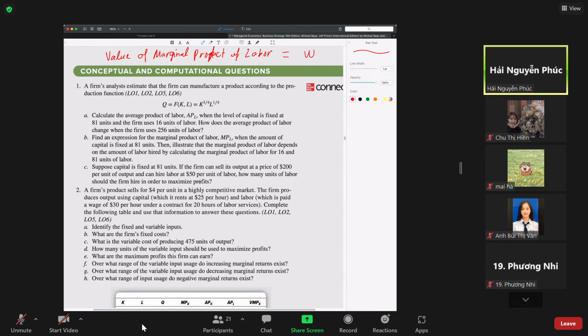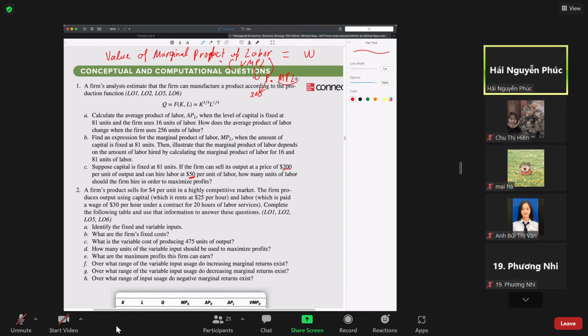All right? The wage, we know it is 50. Now, what about the value of the marginal product of labor? In the slide, it is called VMPL. VMPL is essentially the price of the output times the marginal product of labor, times MPL. We know that P is equal to 200.